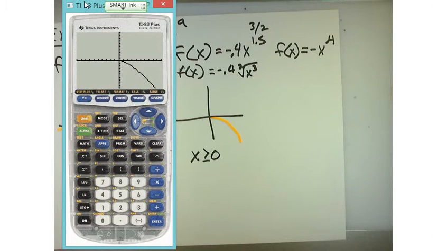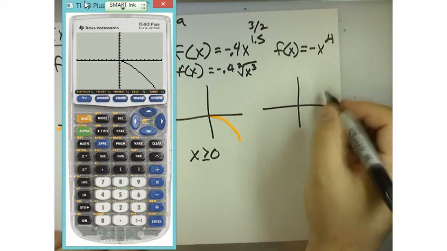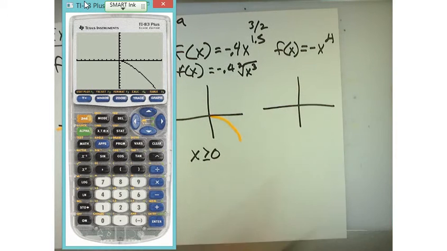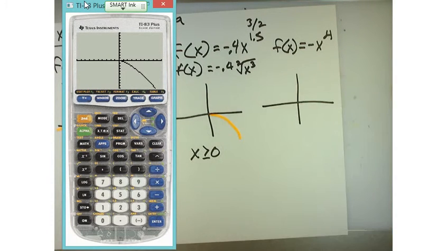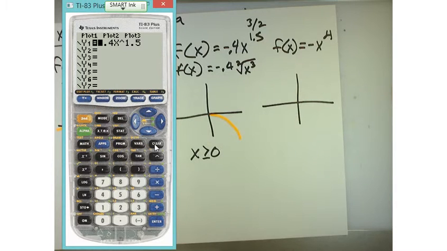For this one, it's probably going to have that S shape, but the S will be backwards, so it'll look like a Z. It should kind of go like this. So let's see. Oh wait, no, I'm wrong. That one will come up and down. So let's graph it and see. Because it flips because of the negative, I'm going to say negative x raised to the 0.4.